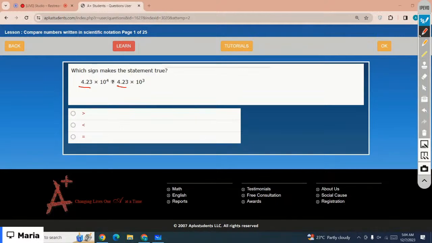Now just look at the exponents of the 10. Here is 10 exponent 4. Here is 10 exponent 3. 4 is greater than 3, right? That means 4.23 times 10 exponent 4 is greater than 4.23 times 10 exponent 3, right? The sign you have to put here is greater. That is greater. Got it?